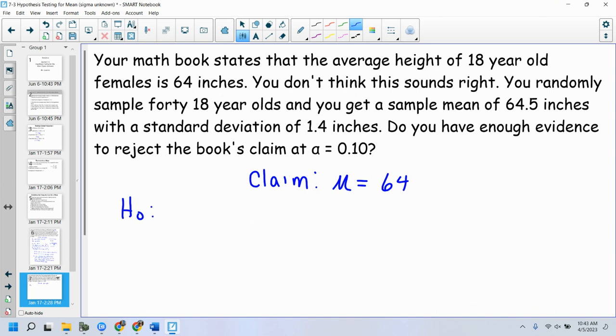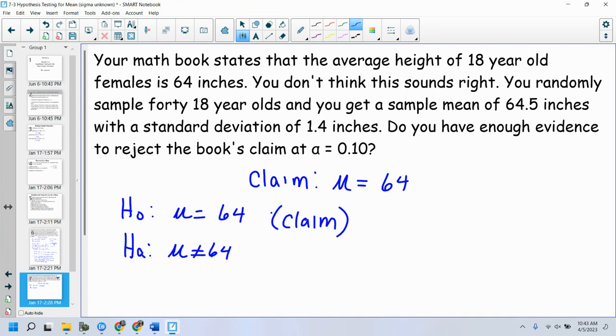So that's good that I can put the claim in the null. We're just a bunch of negative Nancys today, trying to disprove everybody. So mu is not 64 is the alternative.